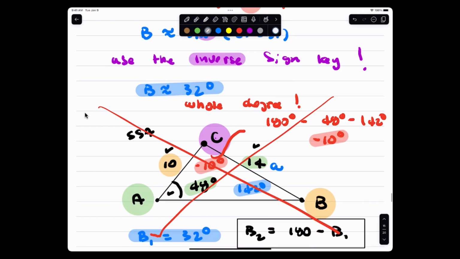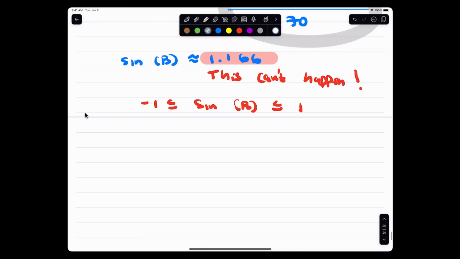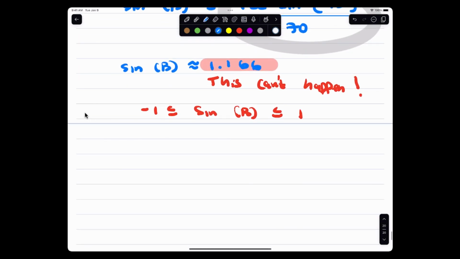So because of that, you might say, well, what if I forget that on a test and then I try to do what? You say, what if I forget and I write down that B is the inverse sine of 1.166 because I want to go through and find little b, angle B, in your calculator.